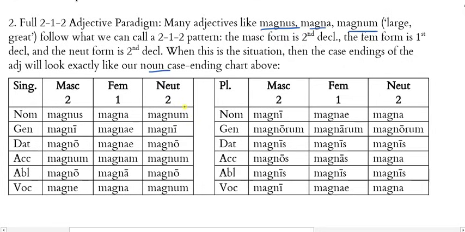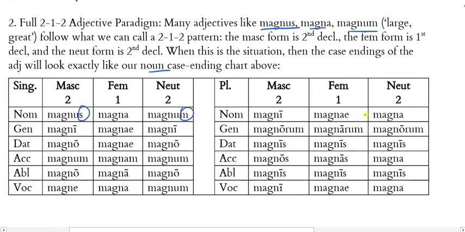Notice the neuter nominative ends with an M. Masculine nominative ends with an S. Magnum, magni, magno, magnum, magno, magnum. Okay? And then my plural forms. Again, these follow all of the same declension patterns. So magnus, we could call a 212 adjective because its masculine, feminine, and neuter forms follow second, first, second declension in that alternating pattern. I don't want to read through this necessarily. I just want you to be able to see it there.